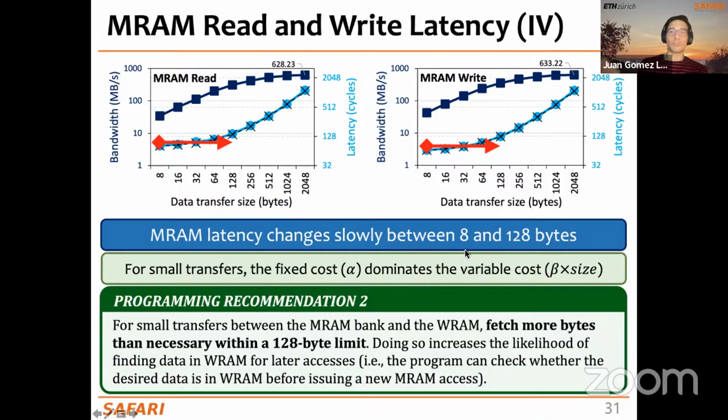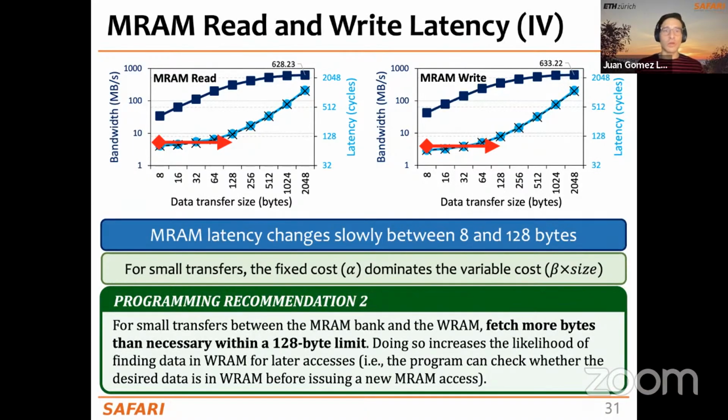So one programming recommendation is kind of a ninja programming recommendation, because you really have to know what you're doing. Because the difference in latency between bringing 8 bytes or bringing 128 bytes to the WRAM is so small, it might make sense to bring 128 bytes, because maybe after using the first 8 bytes, we can make use of the remaining 120 bytes that are already in WRAM.